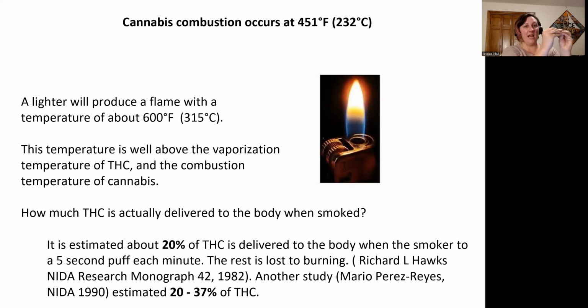And that air is then drawn through the plant material. That process of the hot air being drawn through the plant material that's not on fire is going to have the cannabinoids vaporize, right? They'll vaporize rather than combust as they're pulled through. And that's how you get the medical benefits, or the psychotropic benefits, of the plant.